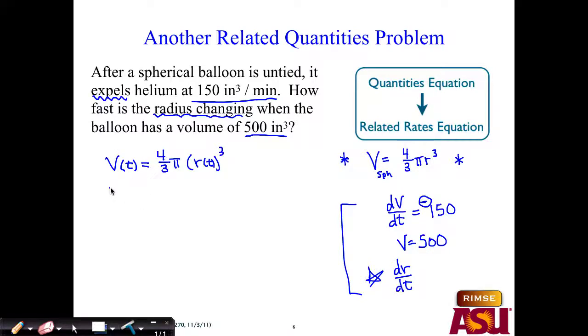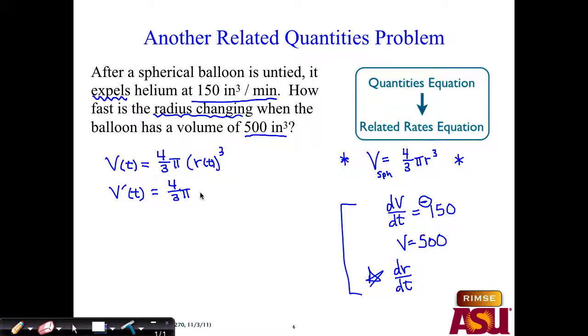So I'm just going to use prime notation. V prime of t would be the derivative of the left side with respect to time. So this would then be equivalent to our, this is where we get to put in our negative 150, how fast the volume is changing at some point in time. I have to have all the other corresponding pieces to substitute in and solve for what I need.